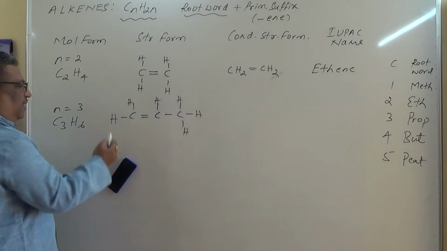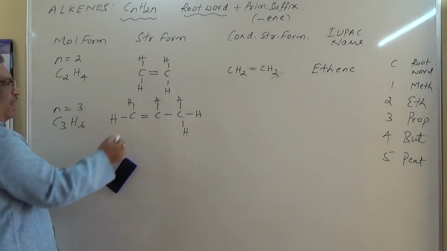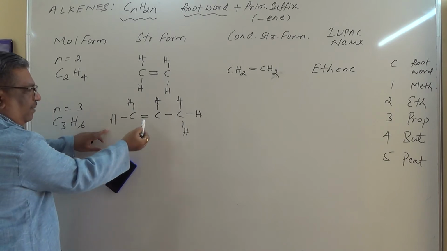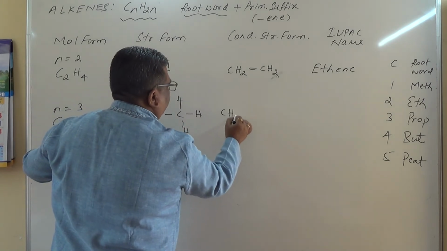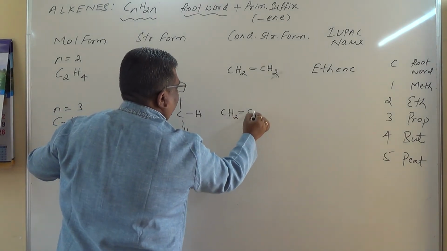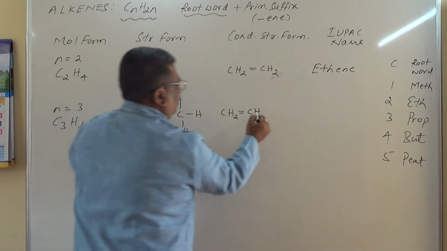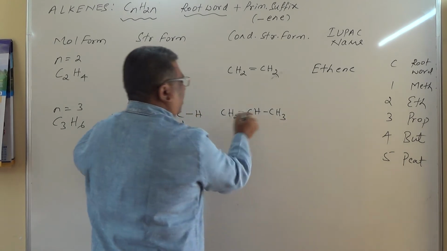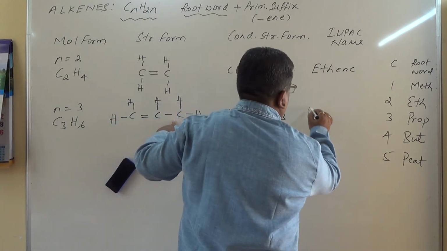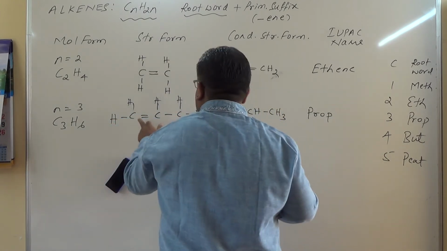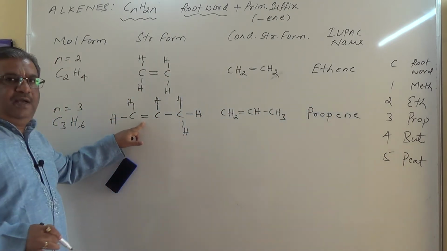How many hydrogen atoms are there? 1 2 3 4 5 6. How do you read this one? CH2 double bond CH, single bond CH3. How many carbon atoms are there? There are 3 carbon atoms, therefore root word prop. Double bond is there, ene: propene. The name of the compound is propene.